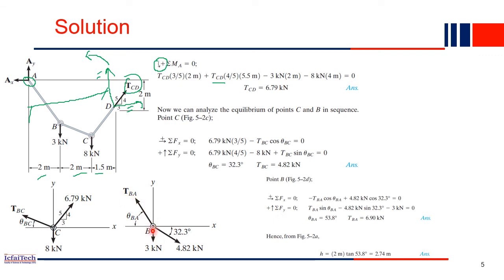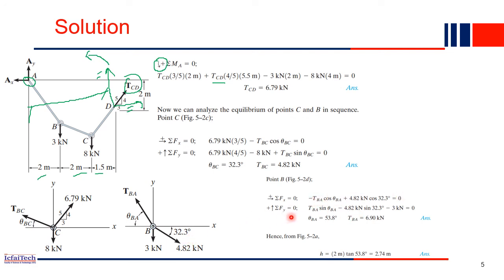TBC has a horizontal component. What will the horizontal components be? TBA into cos theta BA will be a horizontal component, and for this inclined force, 4.82, the horizontal component will be cos 32.3 degrees. This is one equation.